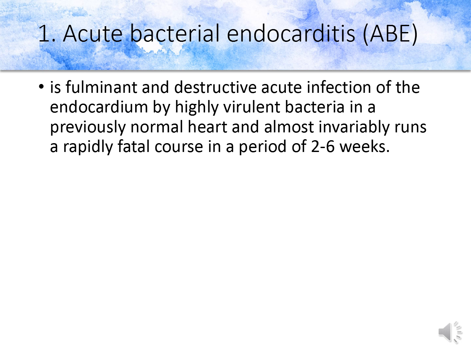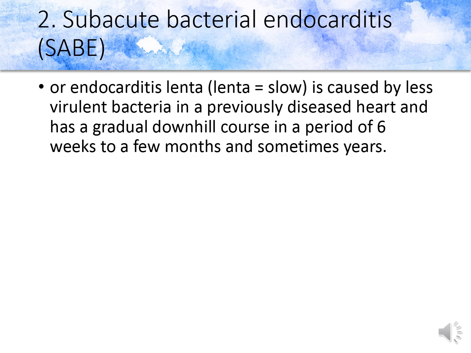Let's start with acute bacterial endocarditis. This disease is a fulminant and destructive acute infection of the endocardium caused by highly virulent bacteria in a previously normal heart and almost invariably runs a rapid fatal course in a period of 2 to 6 weeks of disease.